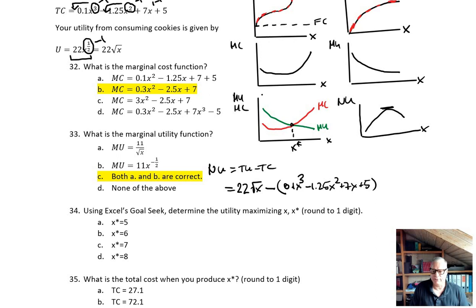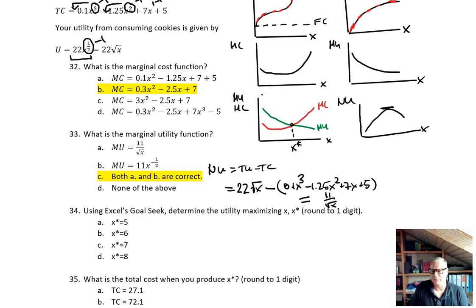We already have this. We said this is equal to 11 over the square root of x. That's the marginal utility, because if we take the derivative of the net utility, the first derivative is the marginal utility minus marginal cost, and that has to be equal to 0.